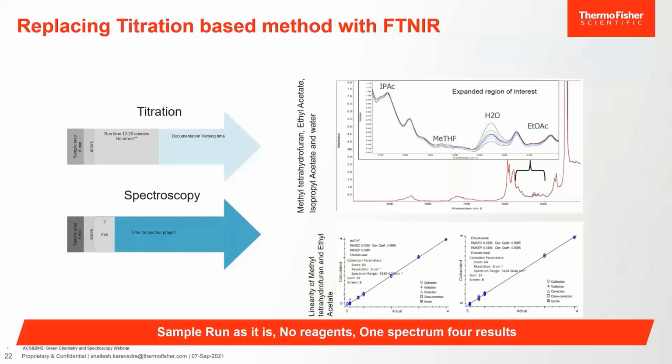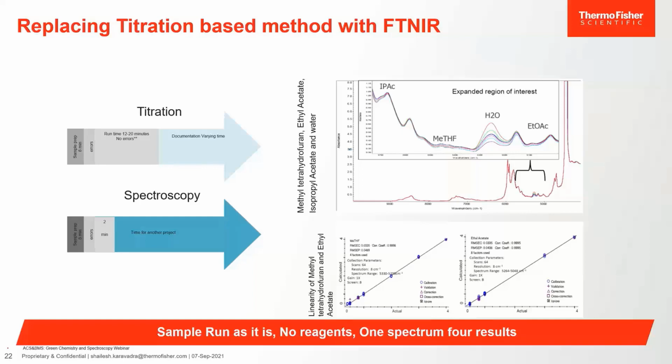Workflows can be created using Macros Basic or use Result software for ease of use. Here we have example spectra of a sample containing methyl tetrahydrofuran, ethyl acetate, isopropyl acetate, and water. Here we are showing the method statistics of methyl tetrahydrofuran and ethyl acetate. RMSEP, which is root mean square error of prediction, for both methods is less than 0.05.